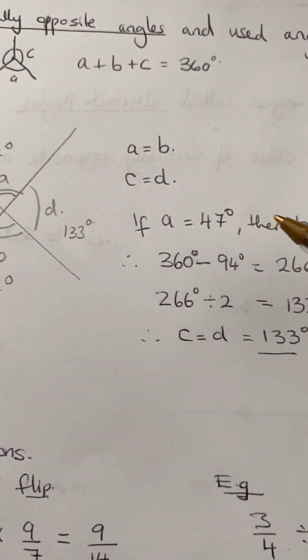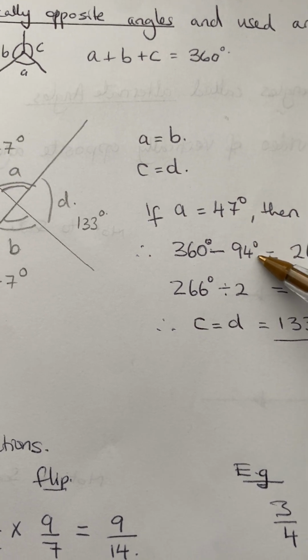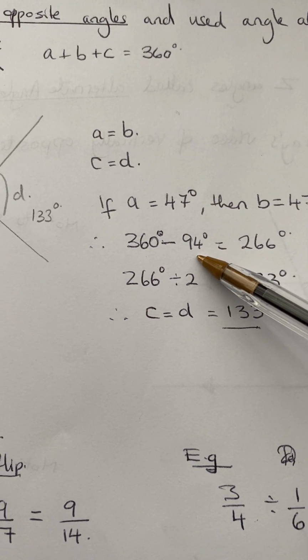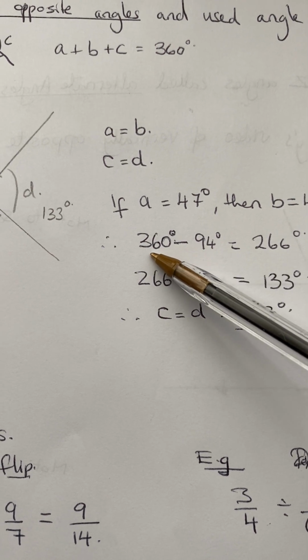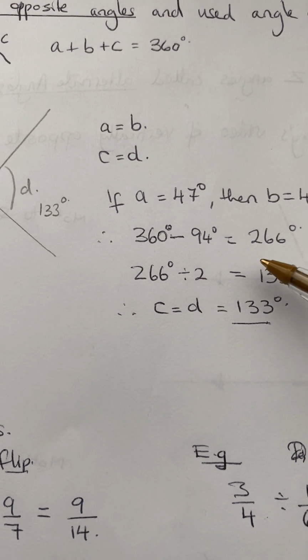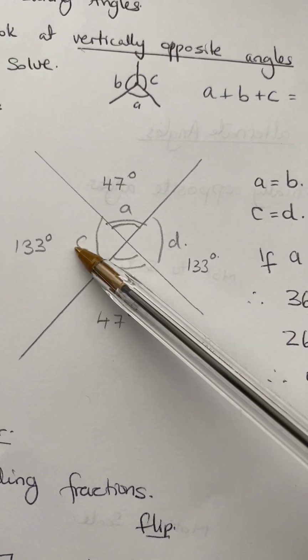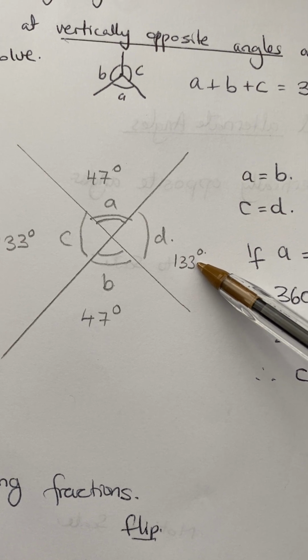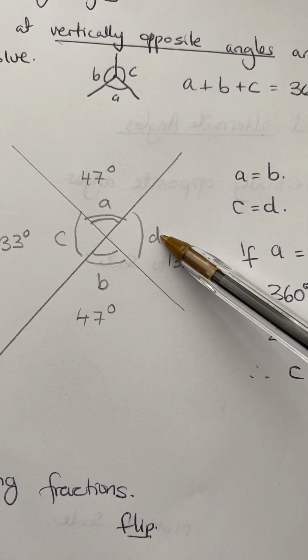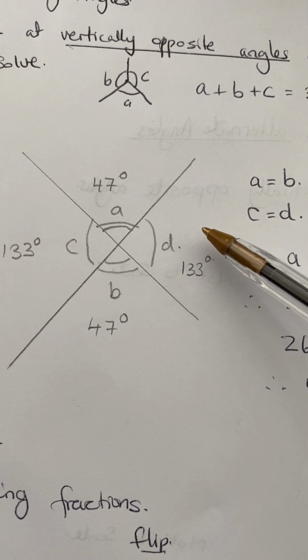So 47 add 47 is 94. If we take it from 360, we have 266. If we divide 266 by 2, we have 133. So this is what we did yesterday. Today we are going to build on that.